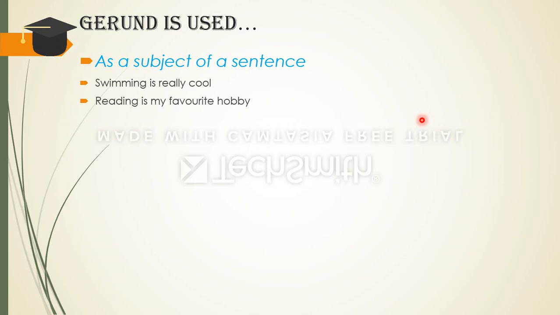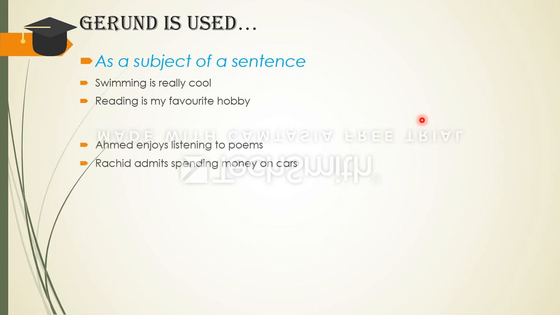When I say I read books, I'm using a verb. But when I start my conversation about reading, I have used a noun. Likewise, playing football is really cool. Here I'm not speaking about play as a verb, but as a noun. And this is the first use.